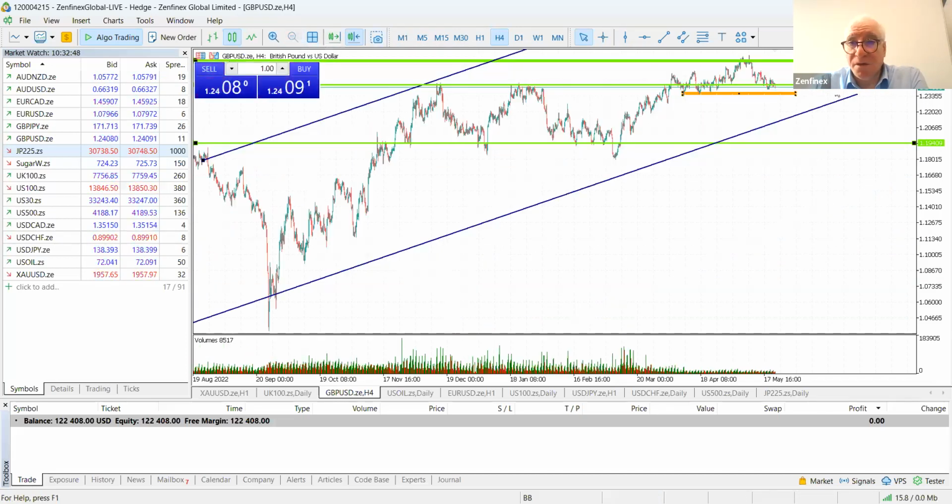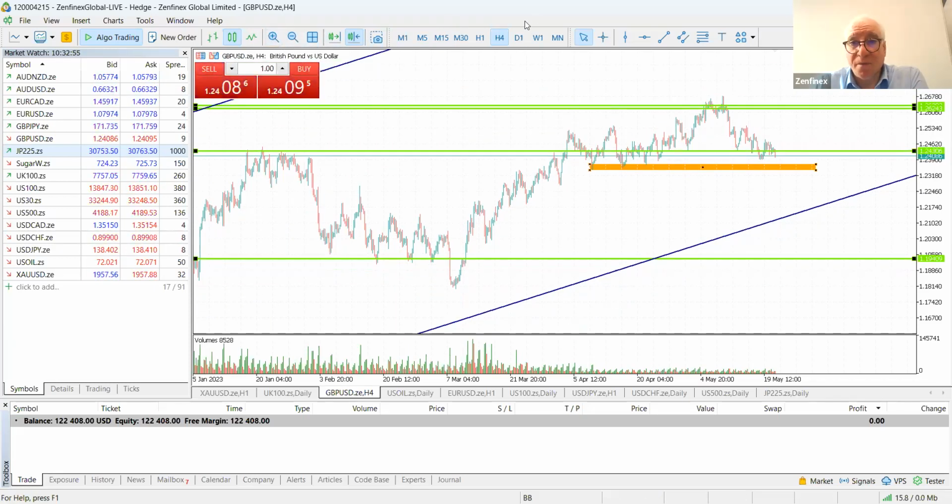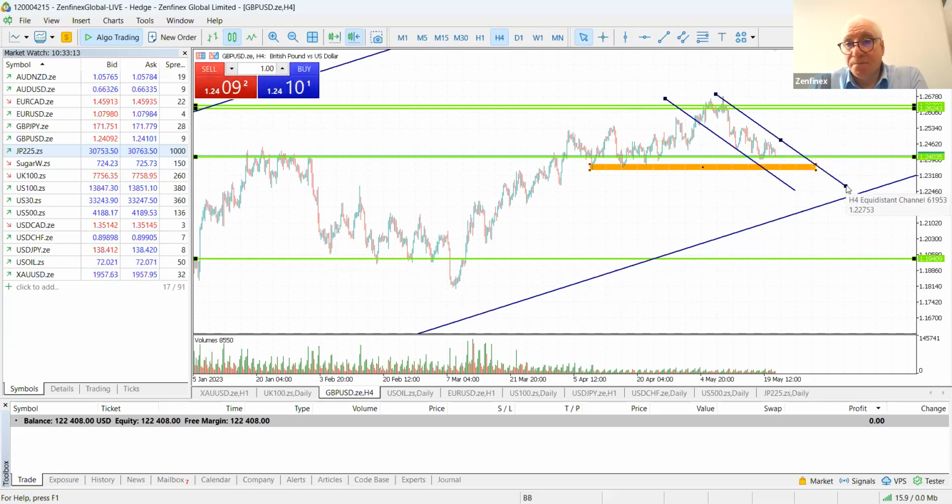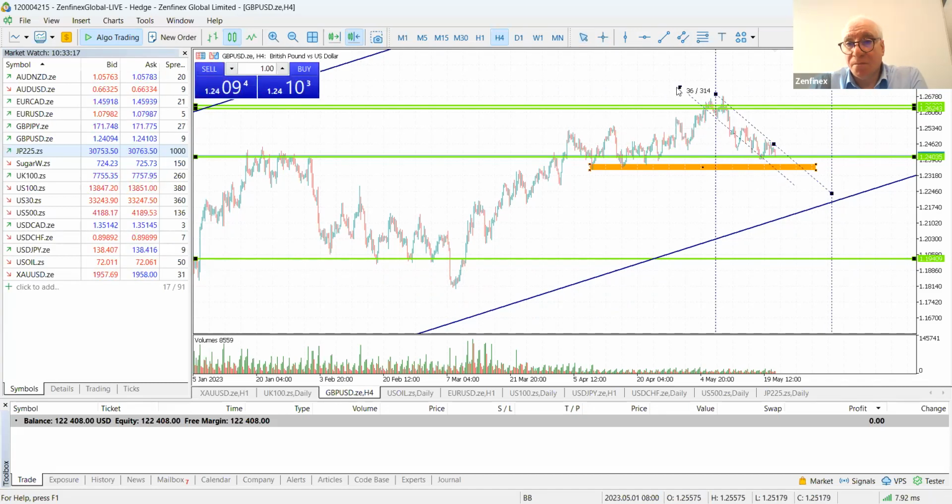Let's see if we can draw something that will guide us in terms of our idea of a downward trend. Back to channels. So we do see this downward channel heading to this level of support.